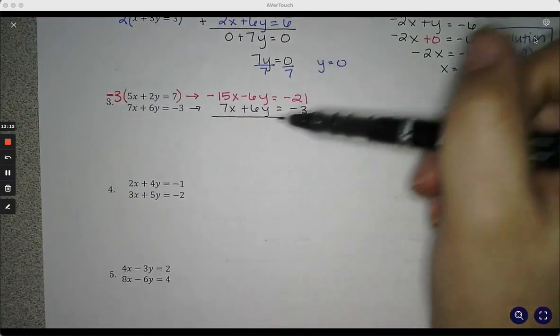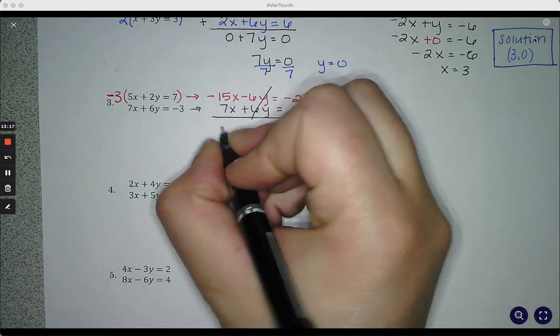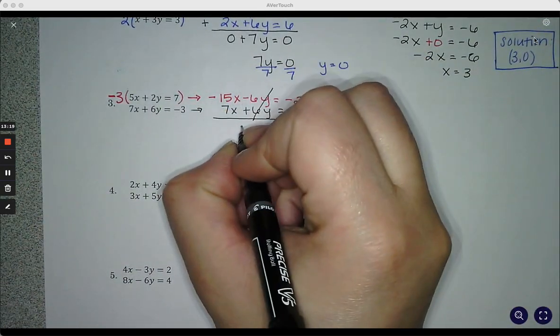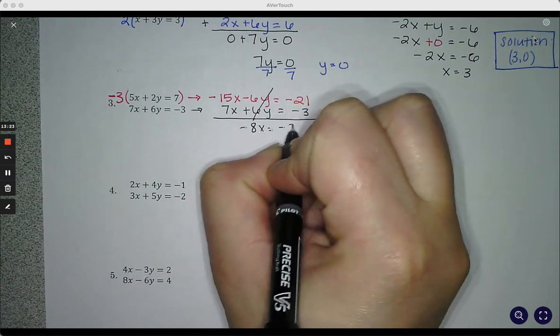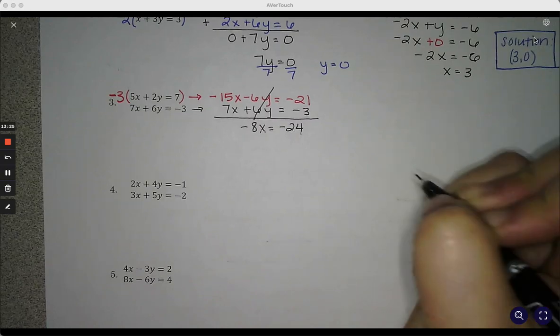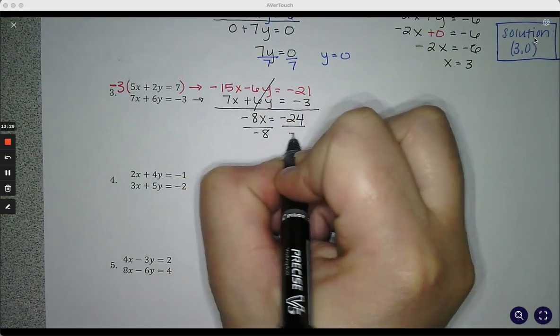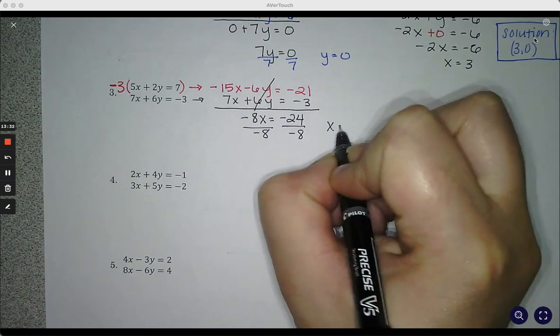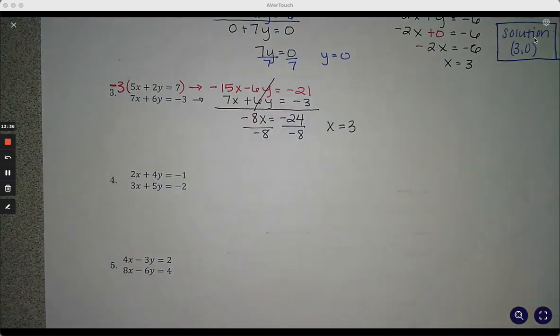Okay, so when we add, those cancel. Negative 15 plus 7 is negative 8 equals negative 24. So when I divide both sides by negative 8, x equals positive 3.